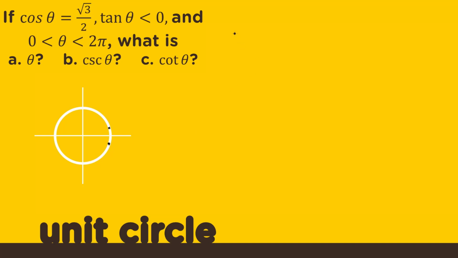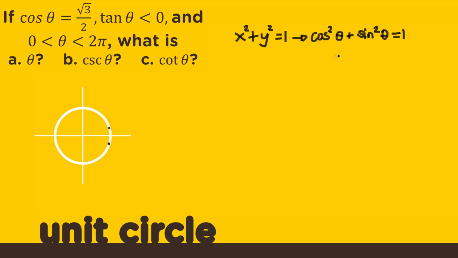We know that on our unit circle, the square of x plus the square of y is equal to 1. And its illustration using trigonometric functions is cosine squared theta, the square of cosine, plus the square of sine theta is equal to 1.